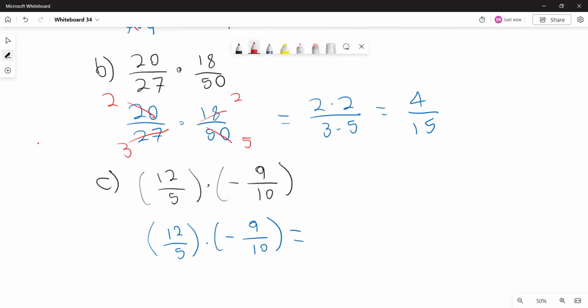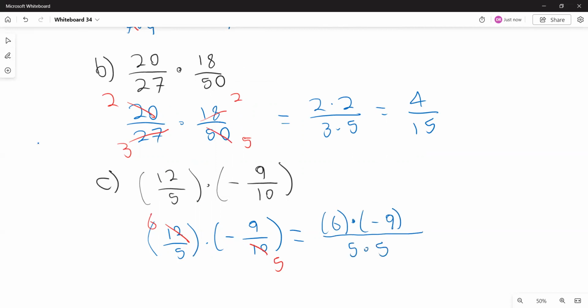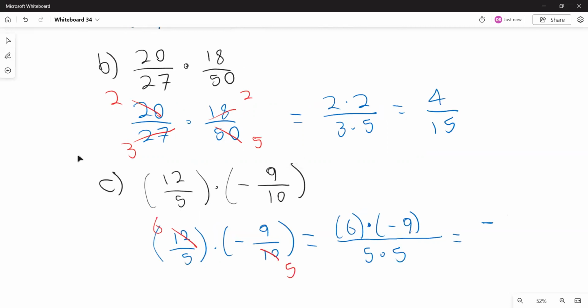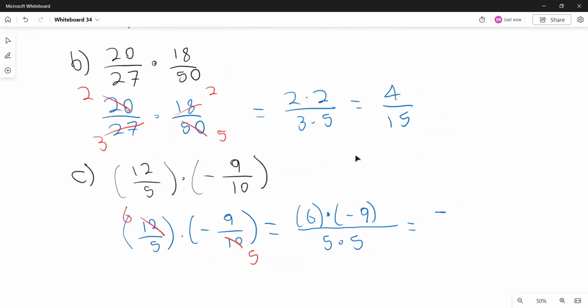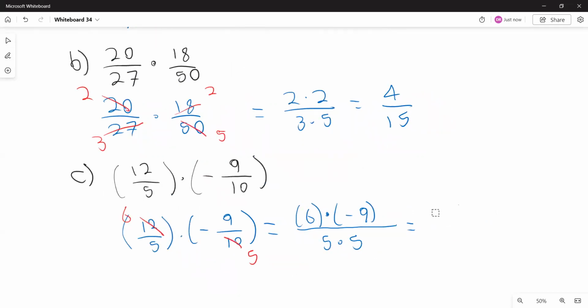We can reduce those as 12/2 is 6, and 10/2 is 5. So this is 6 times -9 divided by 5 times 5. And the fraction, or the rational number, is going to be -54/25. So we can write the minus on the numerator, the denominator, or we can just go ahead and write it in the middle.